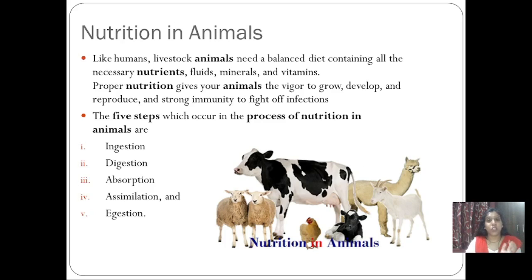Assimilation, the utilization of the absorbed food by the cells and the tissues for the production of energy, growth and repair of the body. And the last is egestion. Egestion is removal of the waste or undigested food from the body. So these are the 5 steps of the process of nutrition in animals.